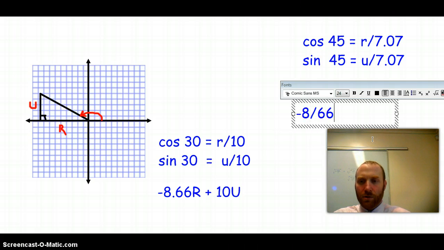Negative 8.66 r plus 10 plus 5u. I had made a mistake there, so I apologize. I can go correct that momentarily.